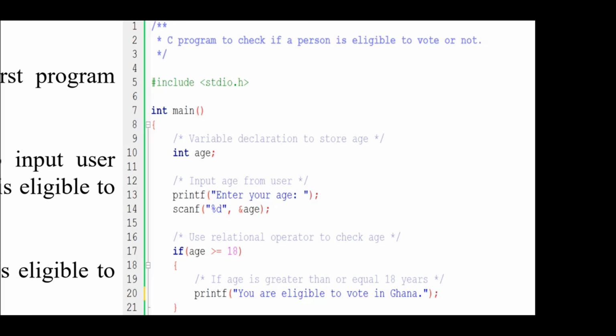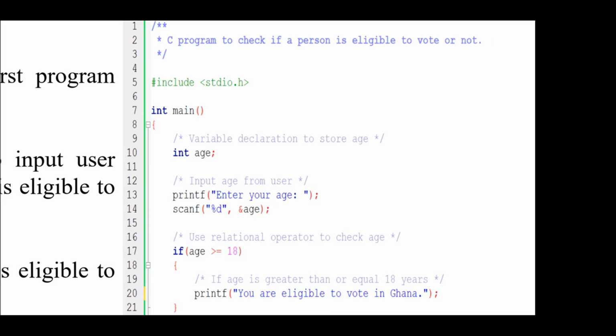So printf enter your age gives a prompt on the window, and then through the keyboard, the age is entered. Then scanf would help us to read whatever integer has been entered for age.